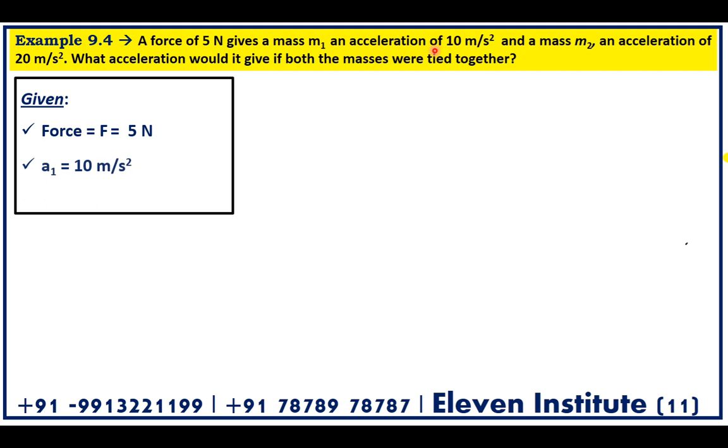So acceleration is 10 meters per second square and mass is m1, which we don't know. Right? Fine. Here mass m1 is written, so we will write acceleration as a1. Clear? One more condition is given, and the mass m2 and acceleration of 20 meters per second square. Again force is 5 newton only.